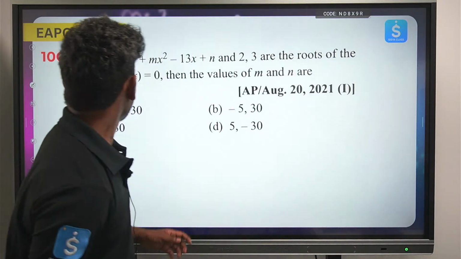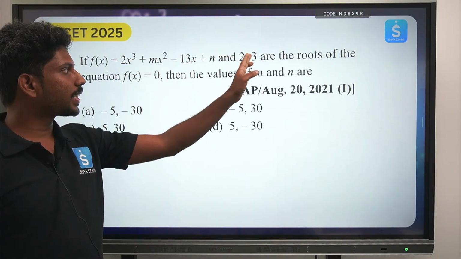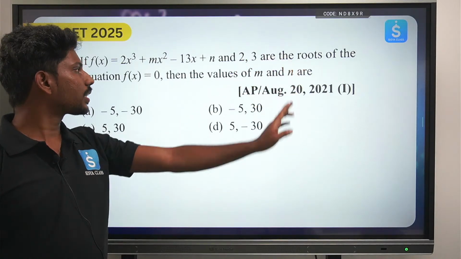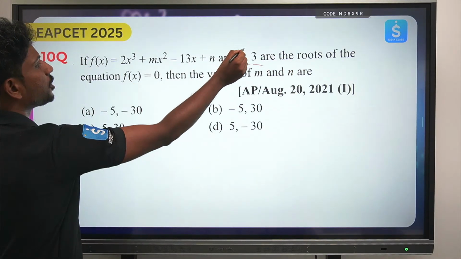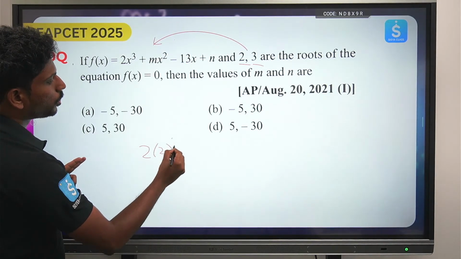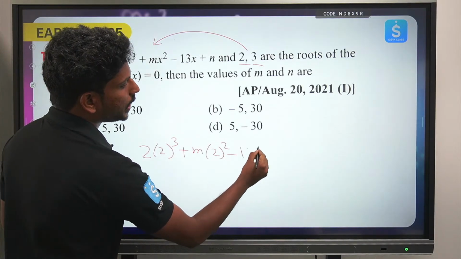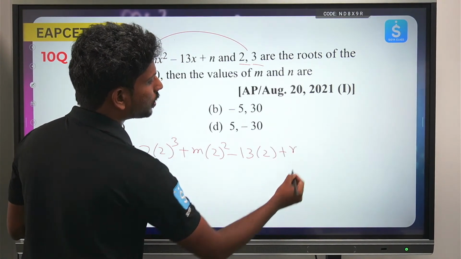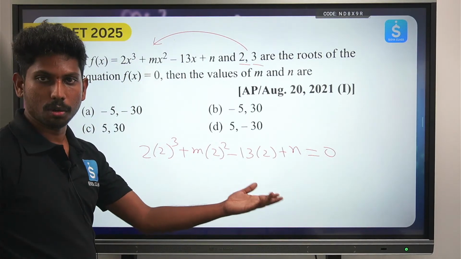Okay, so we have f of x is equals to 2x cube plus mx square minus 13x plus n and 2 comma 3 are the roots of the equation. So simply, what do you do? Substitute these two values, 2 and 3, in this same equation. So what happens: 2 into 2 cube plus m into 2 square minus 13 into 2 plus n. So this is the first equation, and equate this to 0 because he's saying already it is the root of a polynomial.